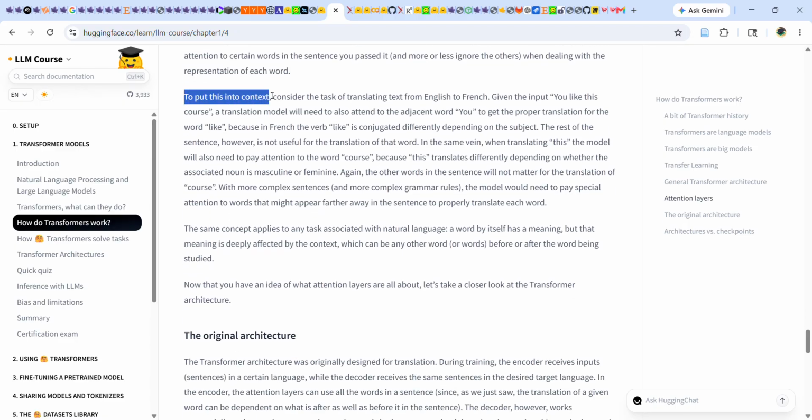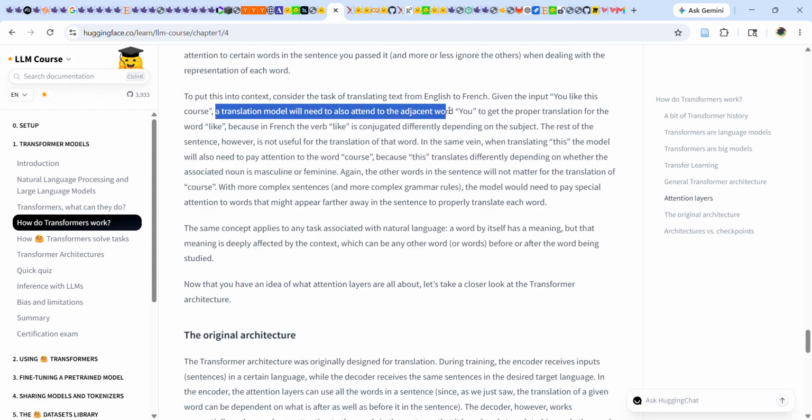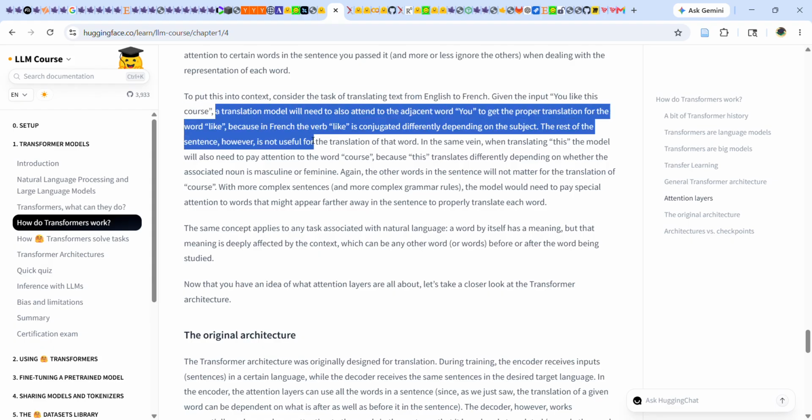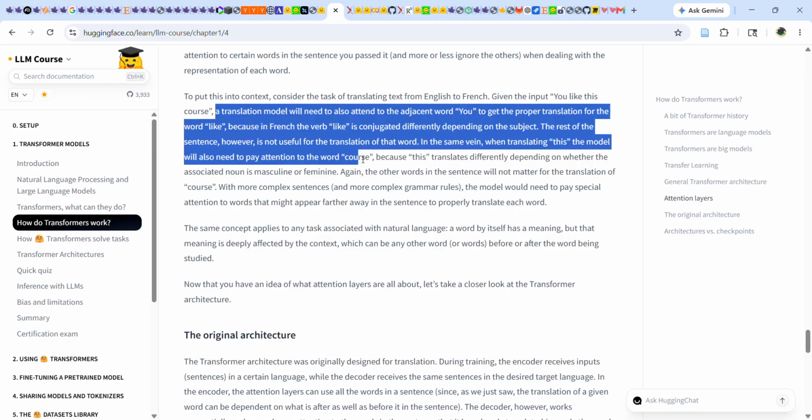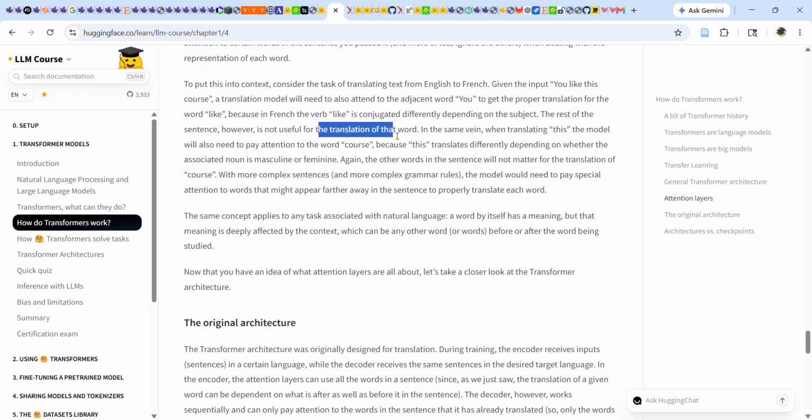To put this into context, consider the task of translating from English to French. Take "You like this course." A translation model will need to also attend to the adjacent word "you" to get the proper translation for the word "like", because in French the verb "like" is conjugated differently depending on the subject. The rest of the sentence, however, is not useful for the translation of that word.